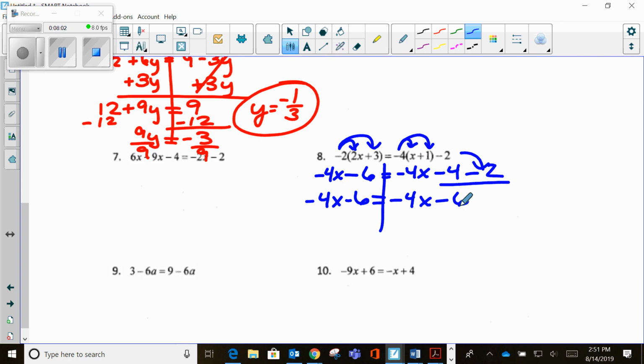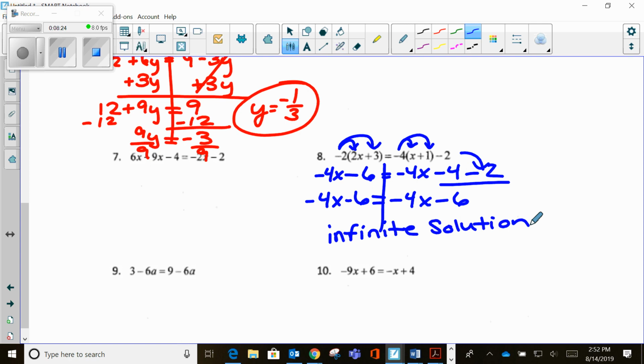It is always going to be the same, so you will always have an answer. So that means this problem is called infinite solutions, because you will always have an answer. You will always get the same thing on both sides.